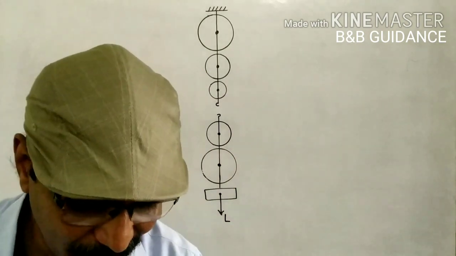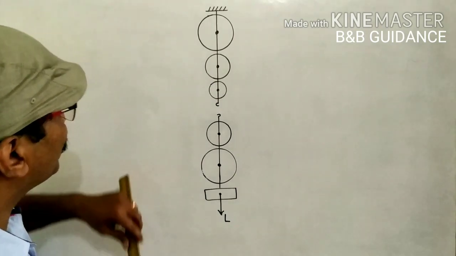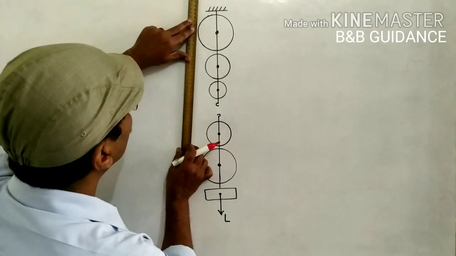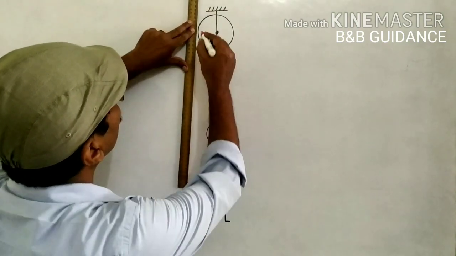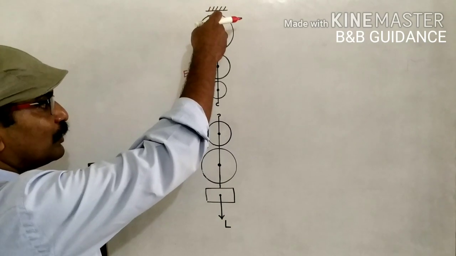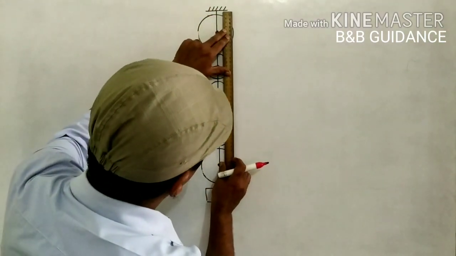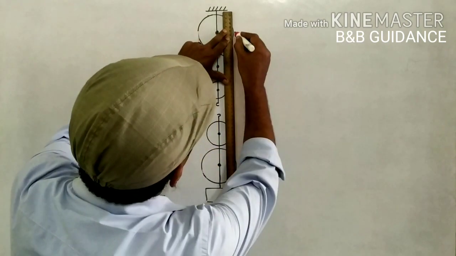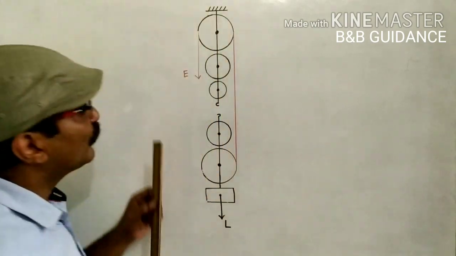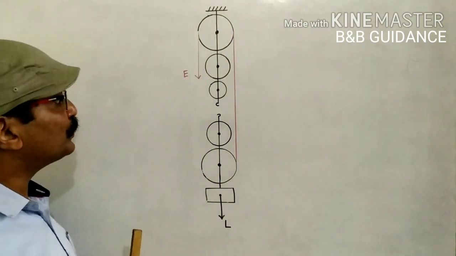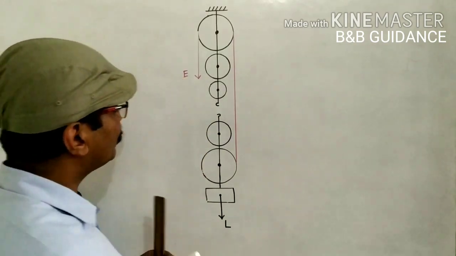Since we have to apply effort in downward direction, we will start from the uppermost pulley. From the upper block, we must go to the lower block. From the lower block, we must go to the upper block. So next pulley in the upper block.